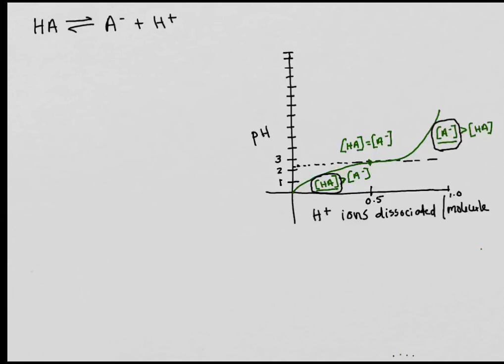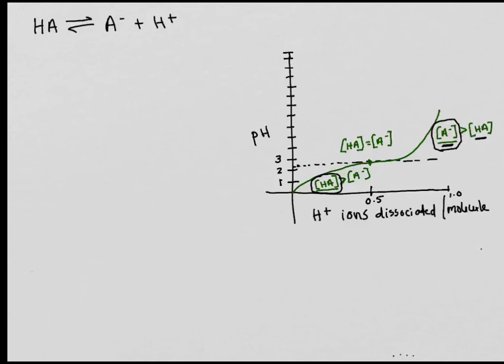So say, for example, maybe we put in a certain molar amount of A minus and a certain molar amount of HA, and we want to know, well, what would be the pH? Can we derive an expression knowing that this is the dissociation expression for HA?